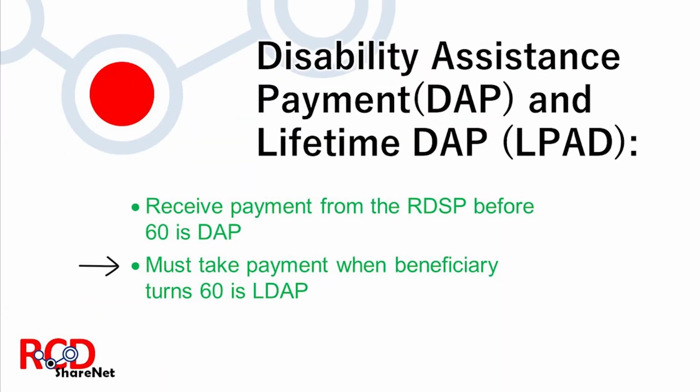Lifetime Disability Assistance Payment, LDAP, is a mandatory payment from the RDSP when the beneficiary turns 60. That is very important to know. Once the beneficiary turns 60, then he or she must withdraw from the RDSP.